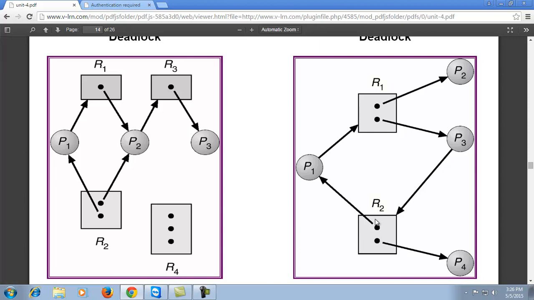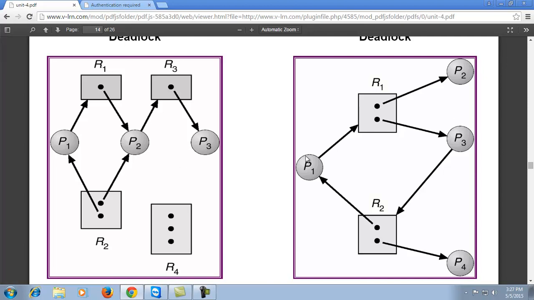The R2 resource is requested by P1 and the same R2 resource is held by P4, and the R2 resource is requested by P3 and held by P1. In the same way, P1 requests the R1 resource, which is held by P2 and P3.